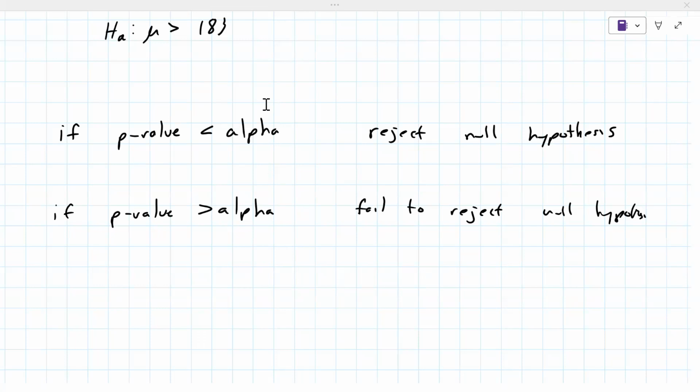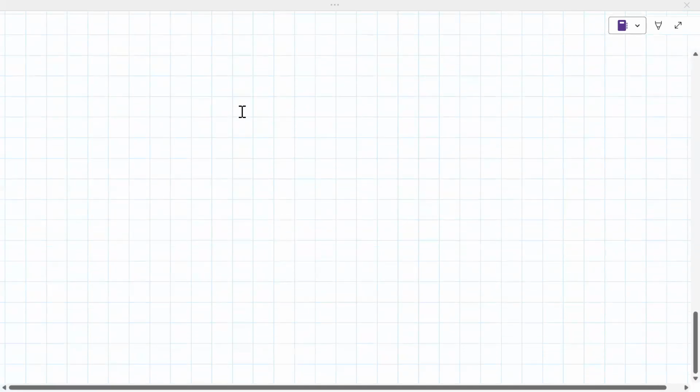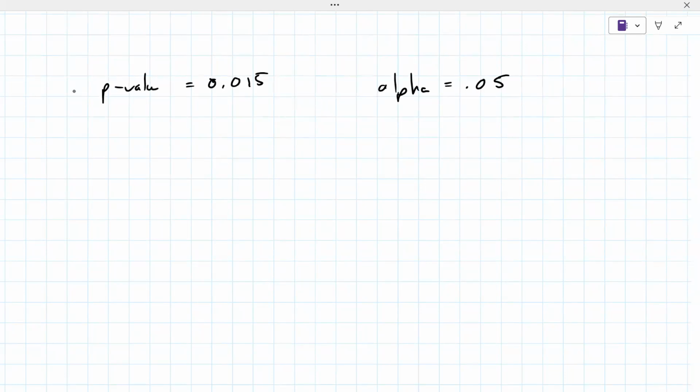Okay, so here's a simple example. Just a few of these. The p-value is 0.015 and the alpha is 0.05. Do you reject or fail to reject?